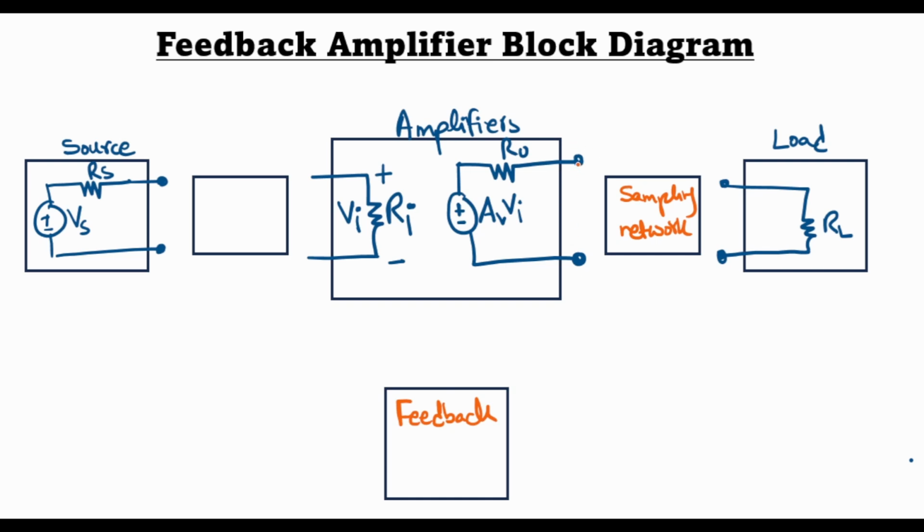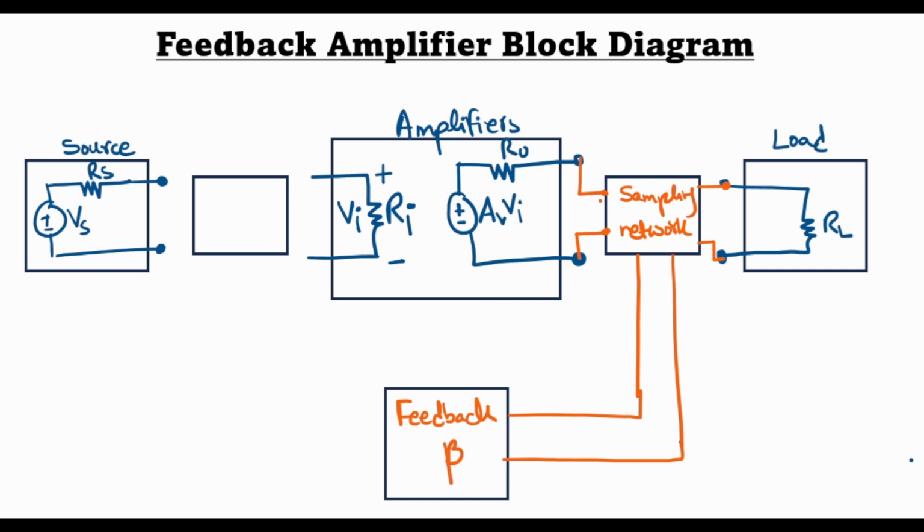The output of the basic amplifier is connected to this sampling network, and then the sampling network's output is connected to the load, and the sampling network essentially samples a part of the amplifier output signal and gives it to a feedback network which has a reverse transmission gain beta.